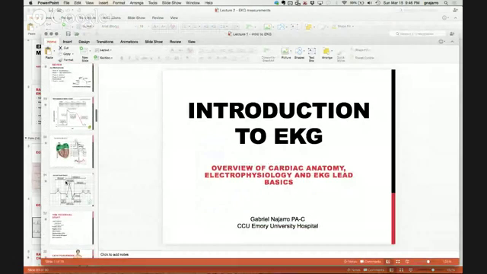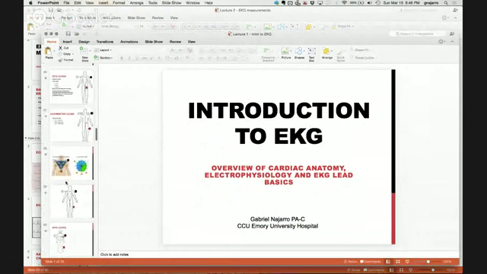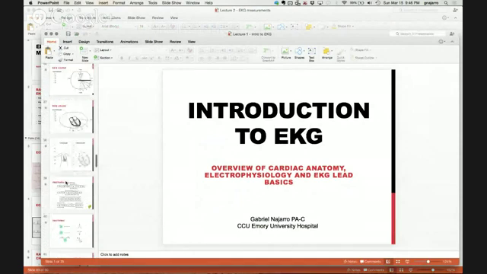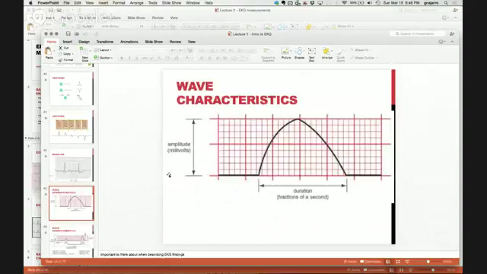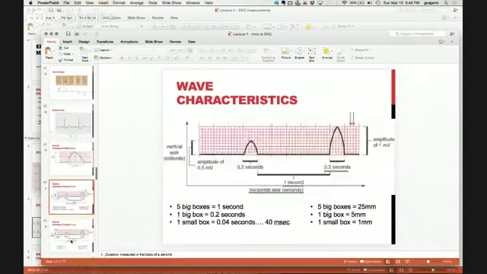So we said waves have two main characteristics. Well, really three. First, amplitude, right? Second, duration, and the third, morphology. First we went over duration, right?